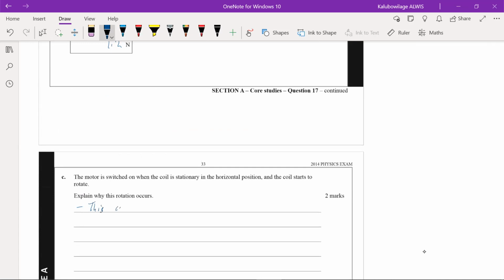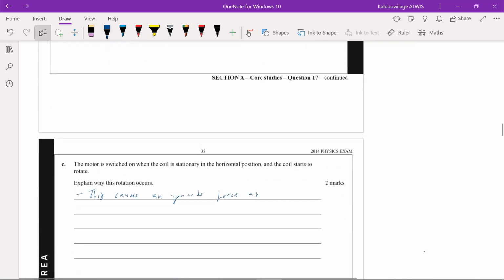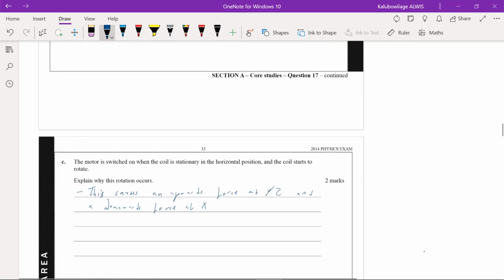This causes an upwards force at YZ, and a downwards force at XW. I'll probably write this right when the motor is switched on.